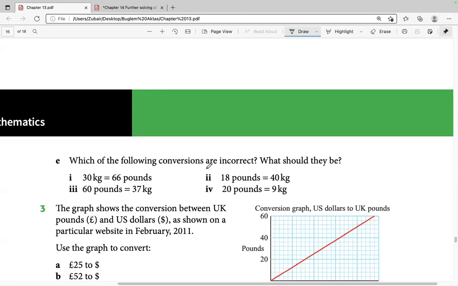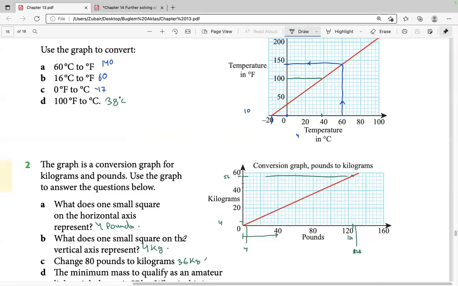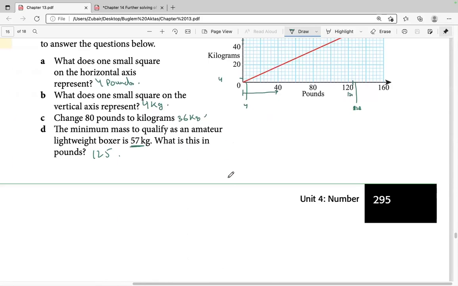Part E, which of the following conversions are incorrect? What should they be? Okay, firstly, 30 kg, 66 pounds. Let's see. Could you scroll in just a little bit more? Yes.